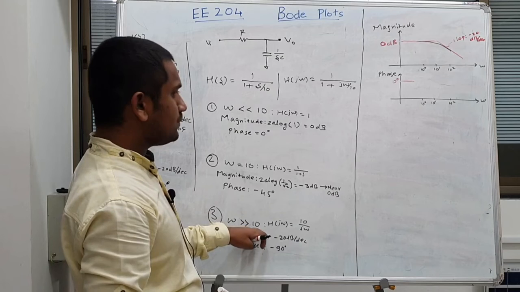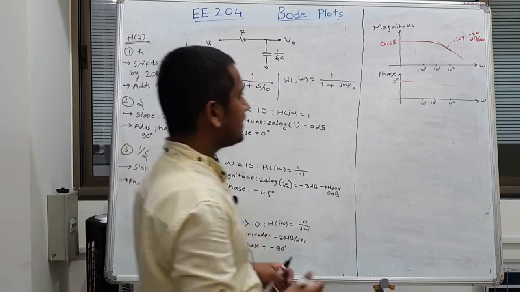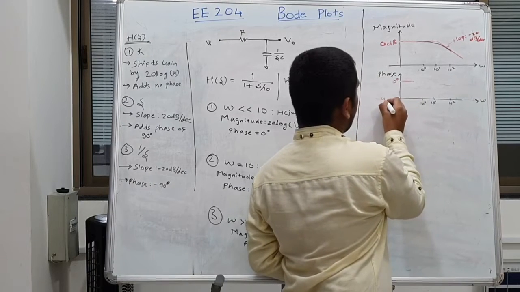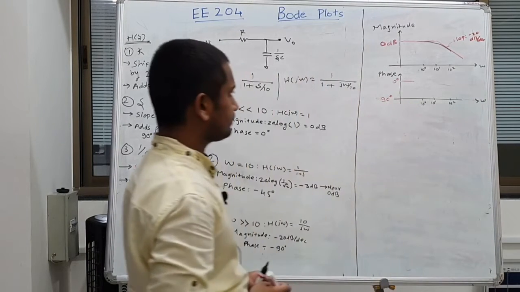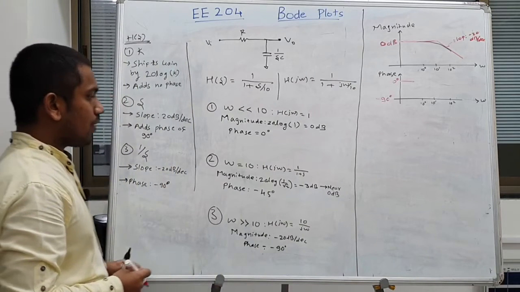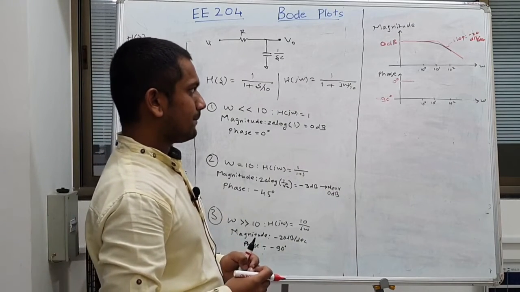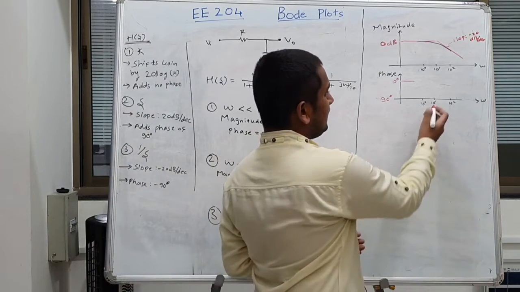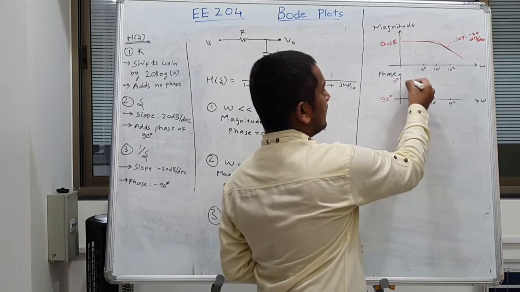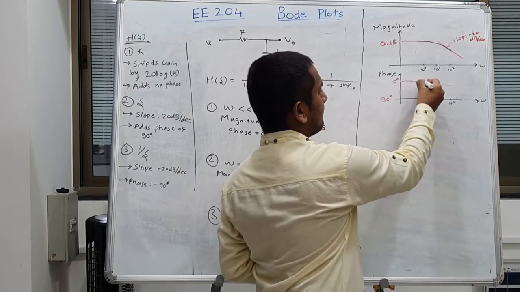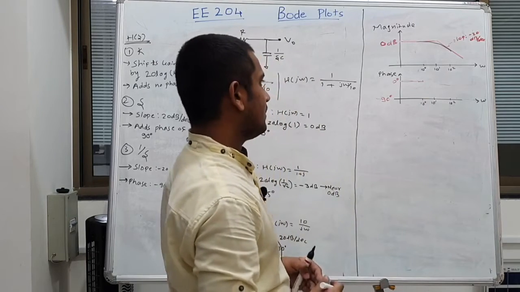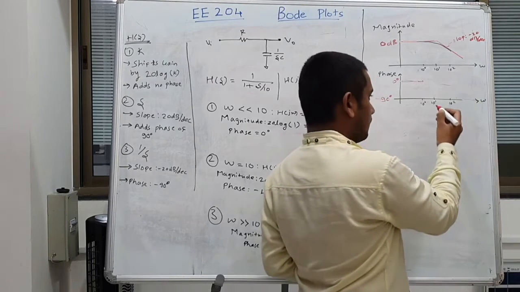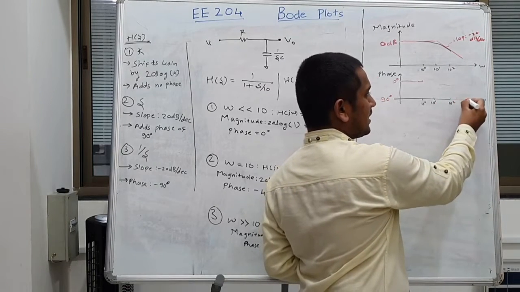And when the frequency is much higher than 10, it is at minus 90 degree. Now our next assumption is that the phase stays at 0 degree till the frequency which is 10 times smaller than the pole frequency, and the phase stays at minus 90 degree for a frequency which is 10 times larger than the pole frequency.